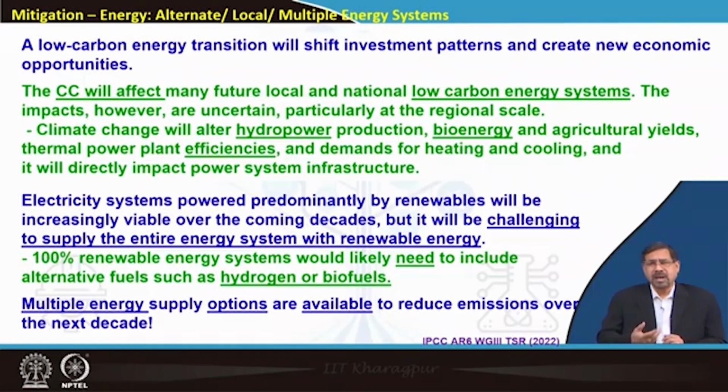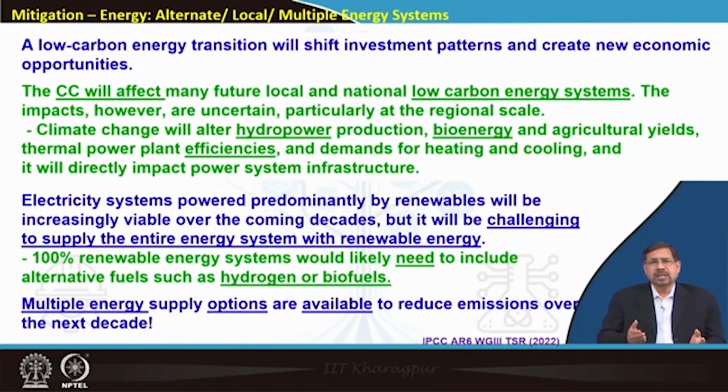Also in terms of bioenergy, the moment we talk about land use change, where natural forest or vegetation is getting cleared and converted to non-vegetational use, that means less land area is available for bioenergy vegetation plantation or cropping.